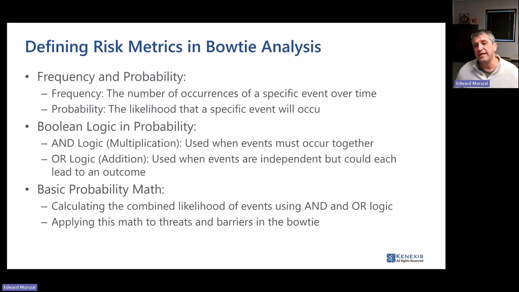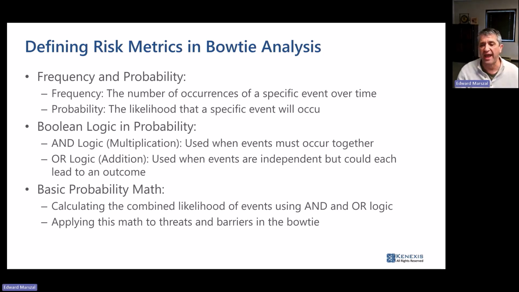So frequency and probability are the two metrics that we're going to be using that we're going to relate to risk. Now, we're also going to use logic in our bow tie diagrams. We're going to use AND logic, and we're going to use OR logic. So a logical AND means the end result is true if all of the inputs are true.